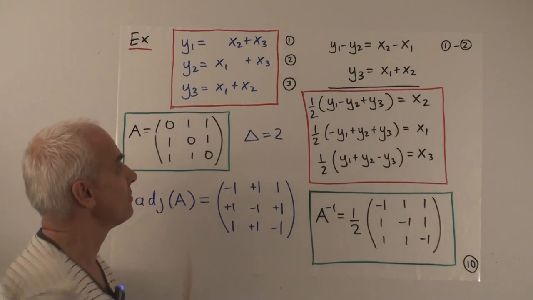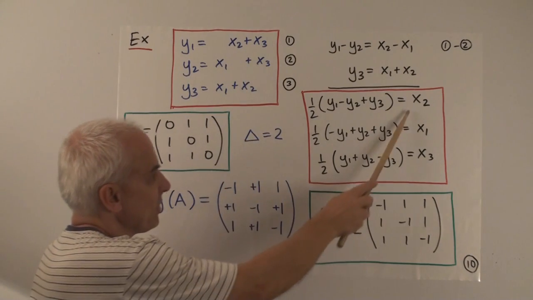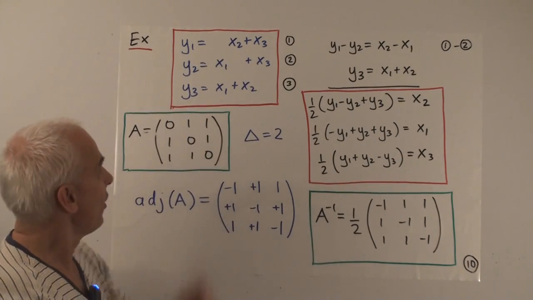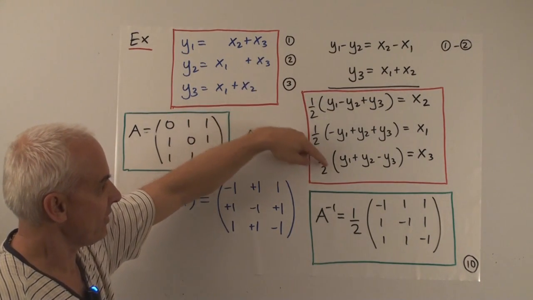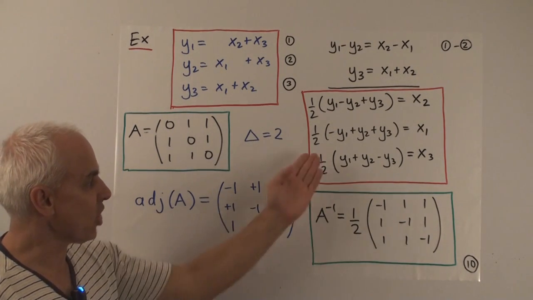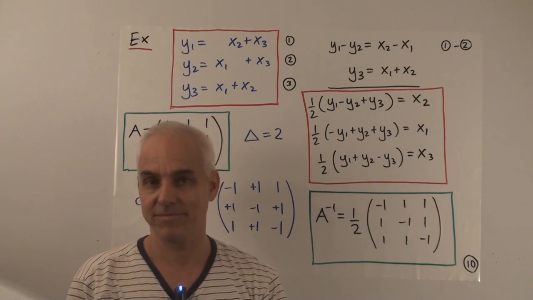Say this one here. We take this equation, we know x2, it's equal to this, and so we just bring that x2 to the other side with a minus x2. So if you take y1 minus this, and look at what it is, then you get this. That's x3.